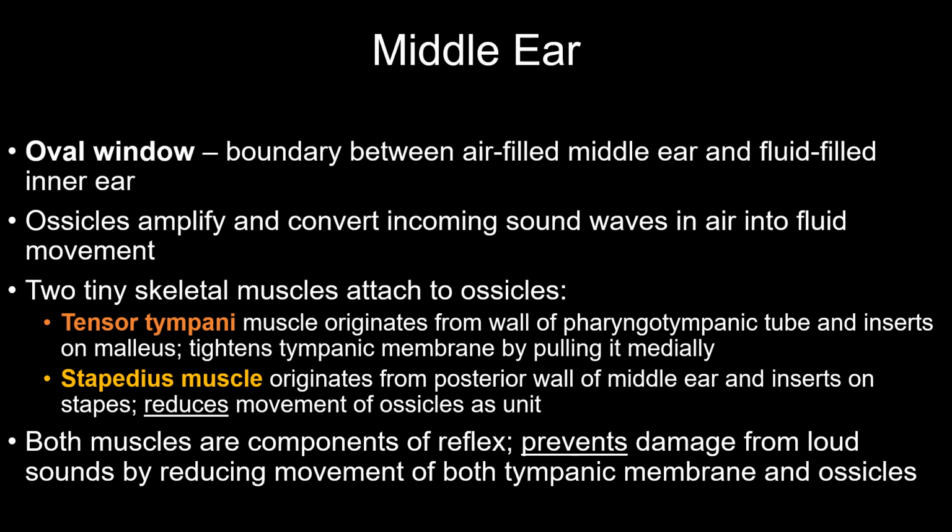The stapedius actually arises from the posterior wall of the middle ear, and then it inserts on the stapes. And this actually works to reduce movement of the ossicles as a whole.